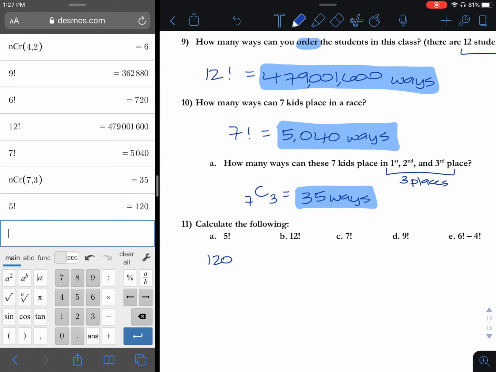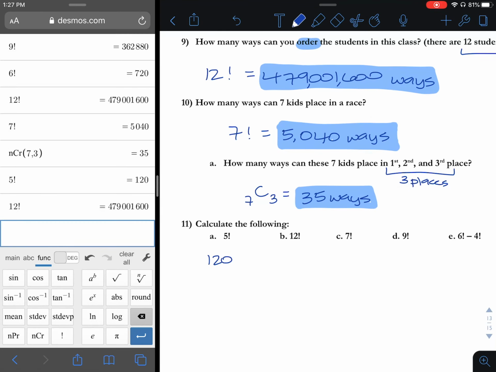All right, so let's talk about 12 factorial. So we're going to put 12, again, factorial. There's that big number again, 479,001,600. There we go.